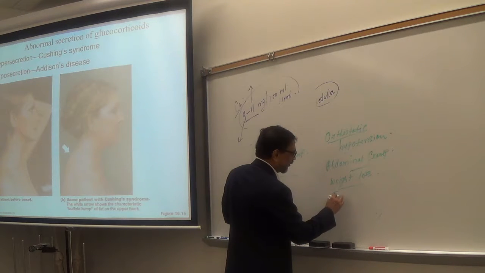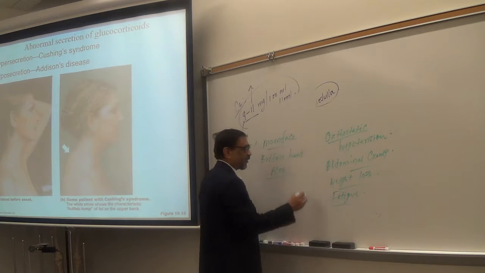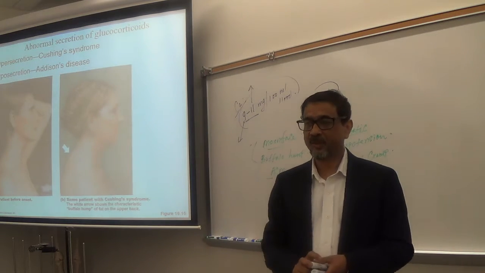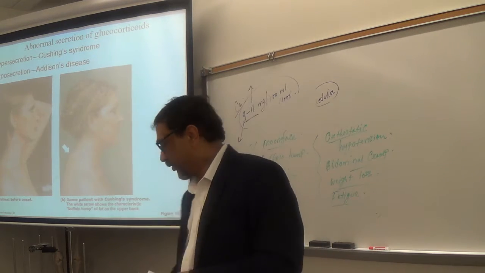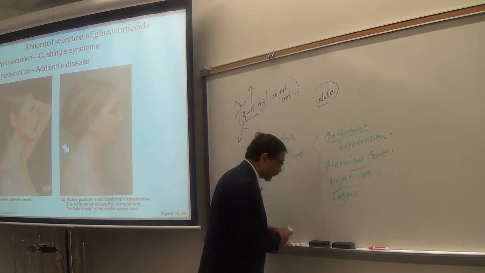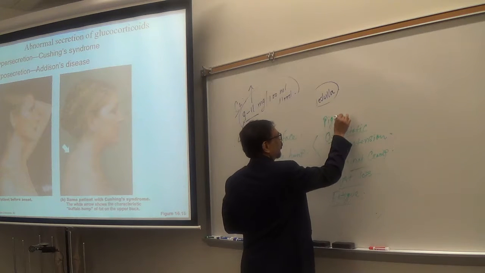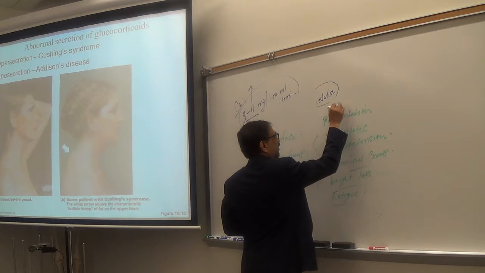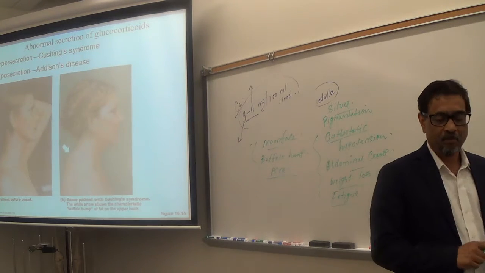Tiredness or fatigue. Okay, tiredness or fatigue. So we see those are the common symptoms of Addison's disease. Another is silver pigmentation of the skin. Often we see silver pigmentation in the skin.